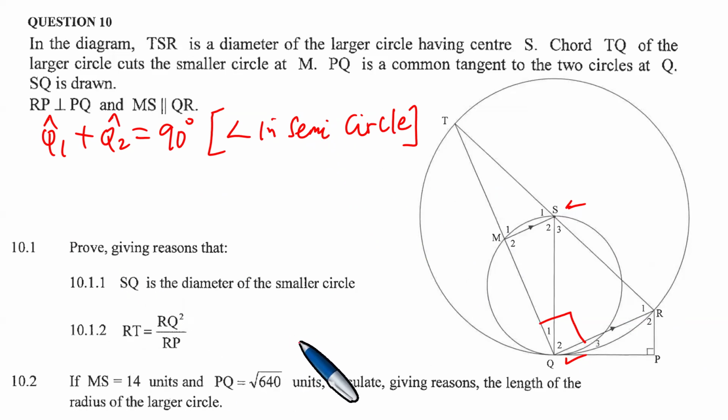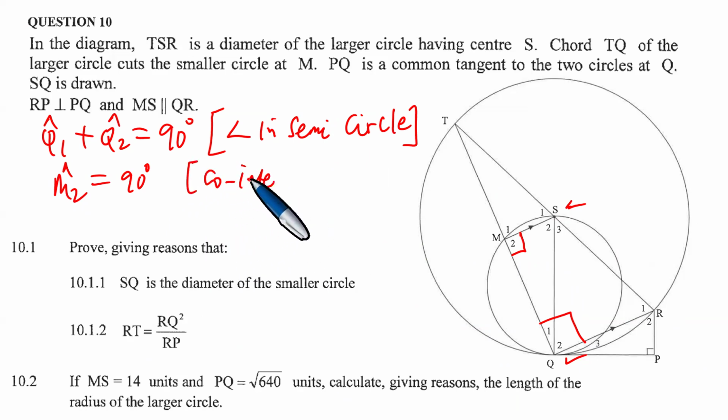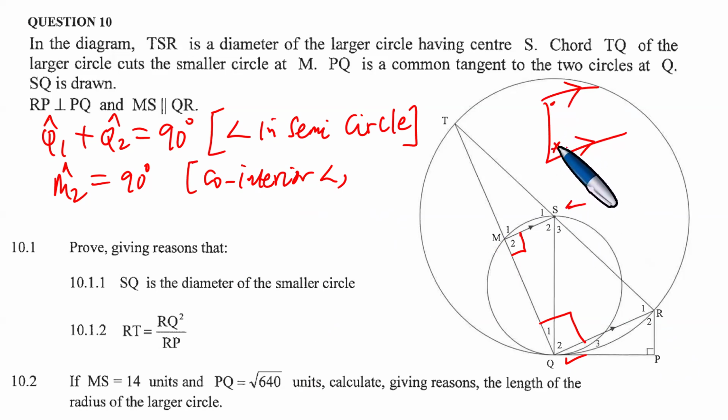The angle M2 is 90 degrees. We state that one. Why is this the case? The angle M2 is 90 degrees, and this means that you have co-interior angles, because this one is already parallel to this. At grade 10, you were taught that if you have two parallel lines, an angle that is here and an angle that is here are co-interior.